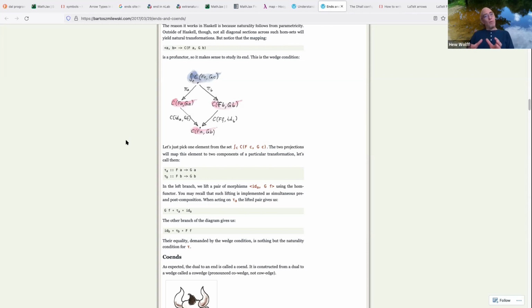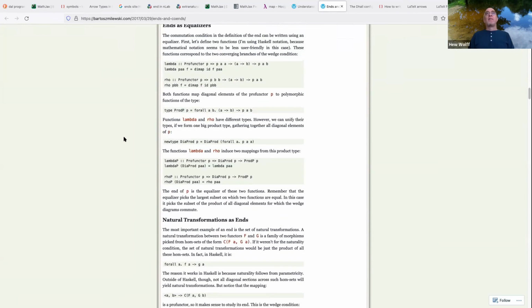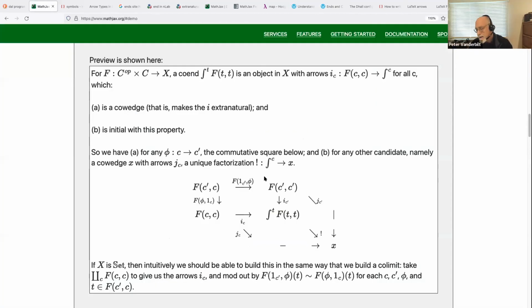Oh, because you're going down the diagonal. Yes, P(A,A), right? Hom(A,A) is basically all the arrows from A to itself, endomorphisms of sets. That's what these things are.